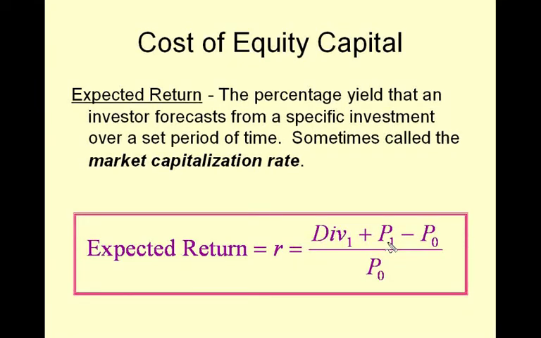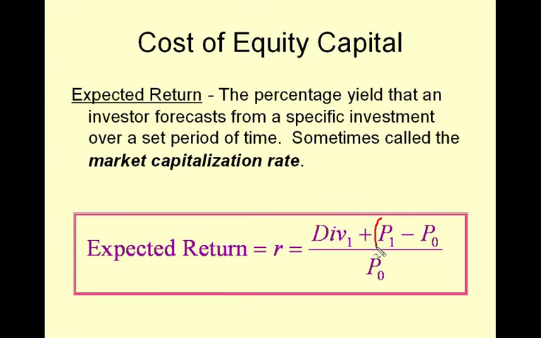The returns to the investor associated with holding that stock are of two types. One is a dividend payment that the investor gets if the firm decides to pay dividends. And the second is a capital gain that the investor enjoys if the stock price has gone up. Now the capital gain is the second piece of the numerator here.